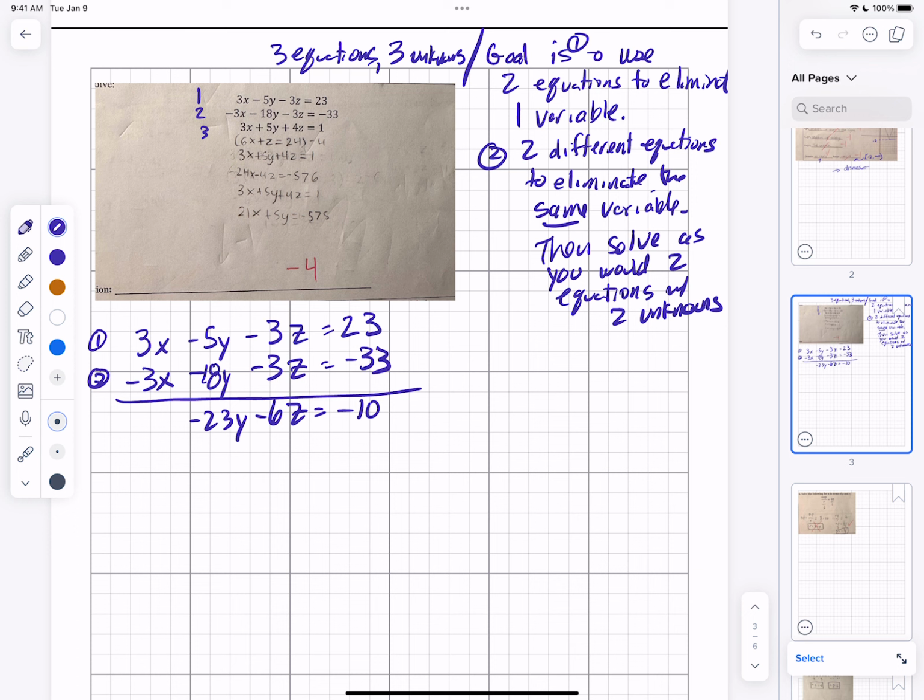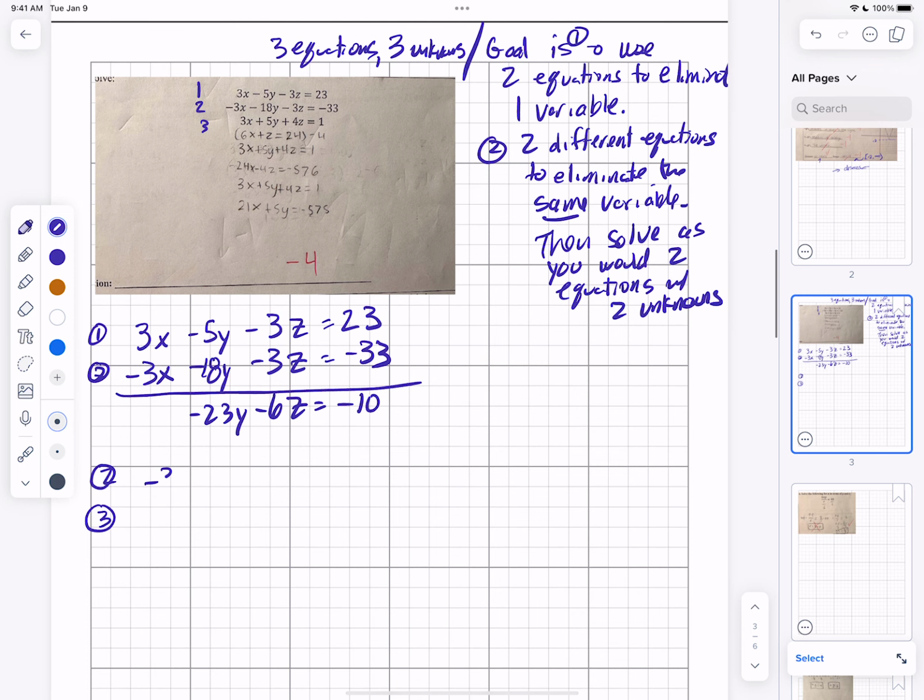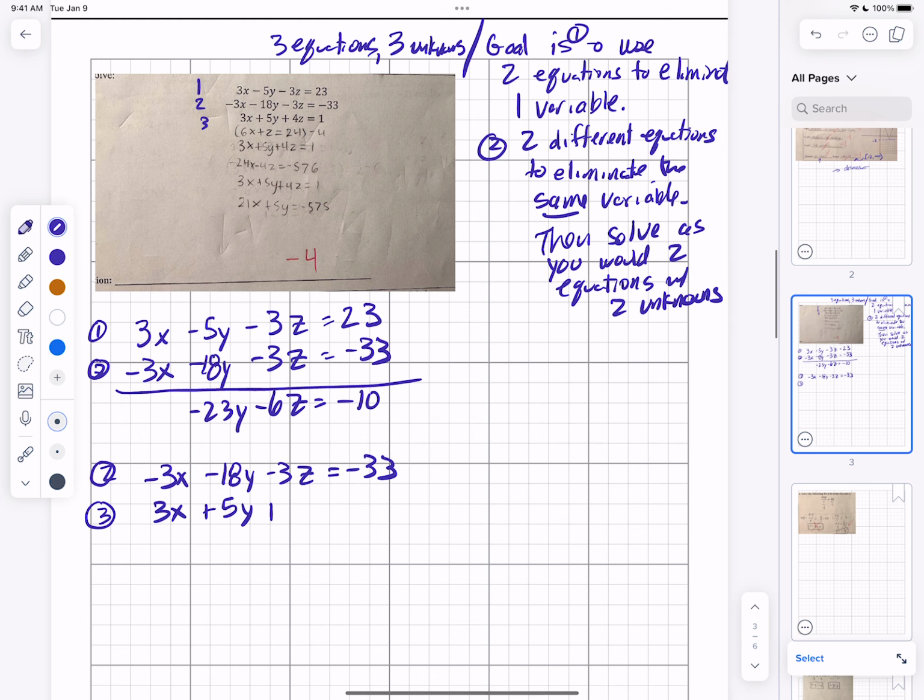Now I'm going to use equations 2 and 3 to eliminate the same variable. I have to eliminate the same variable. So -3x minus 18y minus 3z equals -33. Okay.